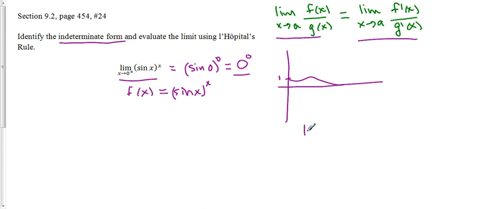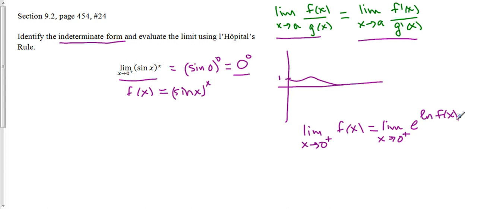Then I took my limit as x goes to 0 from the positive side of f of x, and I realized that that was going to be equal to the limit as x goes to 0 from the positive side of e to the natural log of f of x. I can do that because e and natural log are inverse operators. They undo each other, just like squaring something and taking the square root, I get my original answer back.